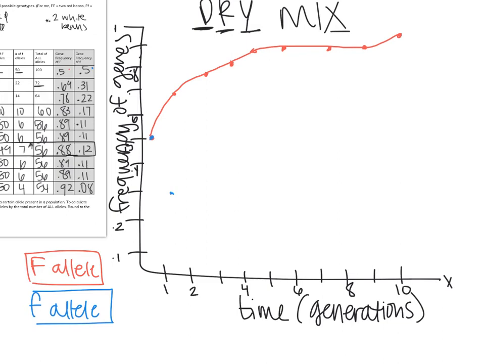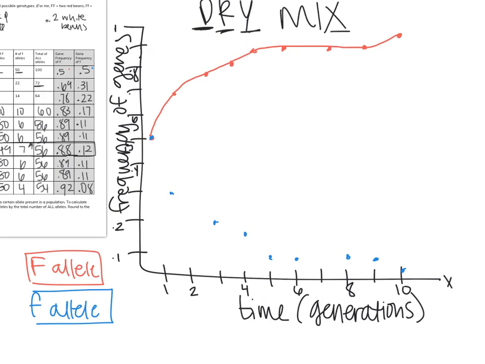In the third generation, you had 0.22. Fourth generation, 0.17. The fifth generation, 0.11. Sixth generation, 0.11. We skipped the seventh generation. Eighth generation, 0.11. Ninth generation, 0.11. And then the 10th generation was 0.08.